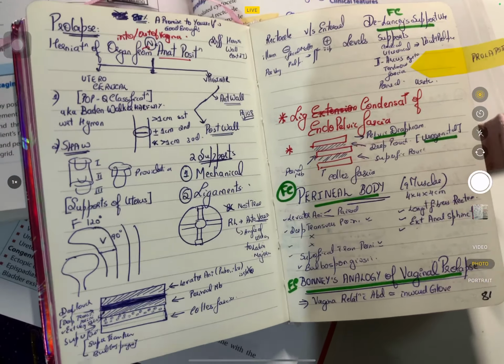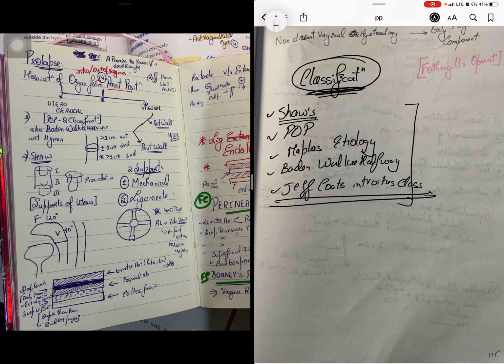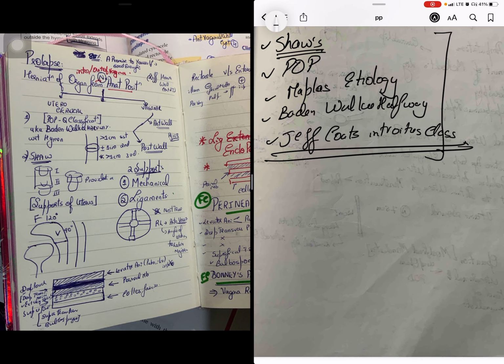According to Shaw's classification, an easy way to remember is just remember what mainly they're trying to say, so that you can go about with the rest. What Shaw used was the ischial spine.